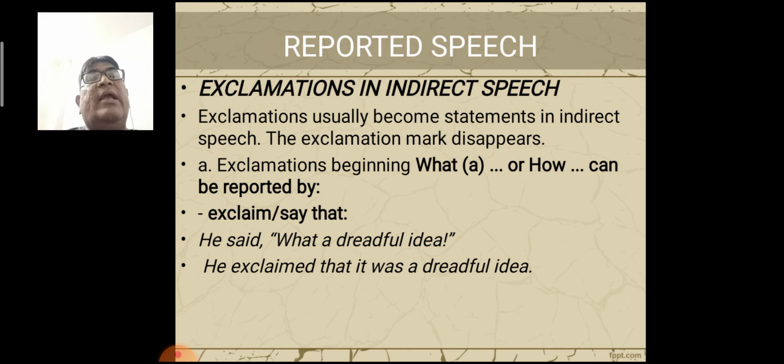Now here in the reporting verb, said to changes into exclaimed. So according to the reporting statement, we have to change with exclaimed with joy, exclaimed with sadness, exclaimed with unhappiness, exclaimed with happiness. So this kind of adjectives we have to use in place of the reporting verb in indirect speech.